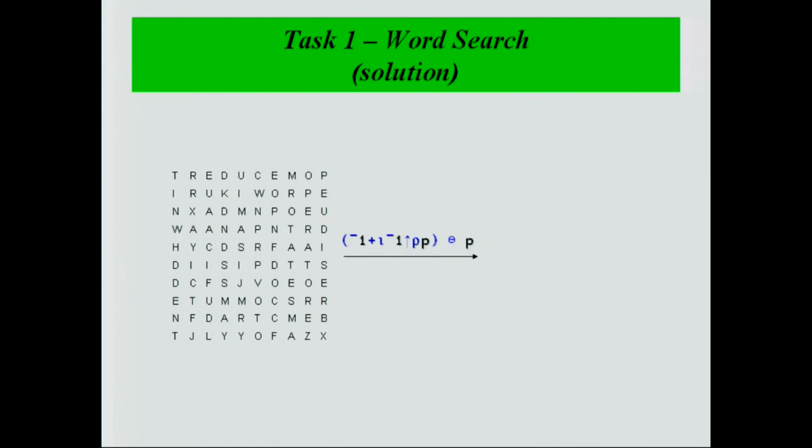Okay, we have this matrix, and we want to find the word in it. I used a symbol E and underline, and we use this symbol for the matrix, and we obtain a position only if we search in the east direction, from left to right.